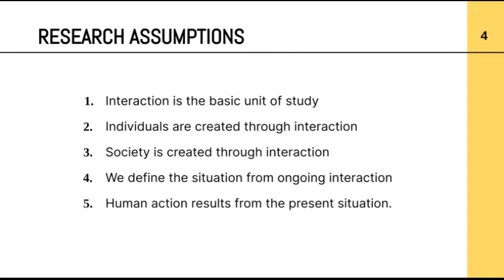The second is that individuals are created through interaction, and that in turn society is created through interaction. So from this perspective, from a sociological, social psychology perspective, society creates individuals. It can influence our perception and our perspective and our values and beliefs and the ways in which we interact with others, but also those interactions on the micro level between individuals are also shaping and building society.